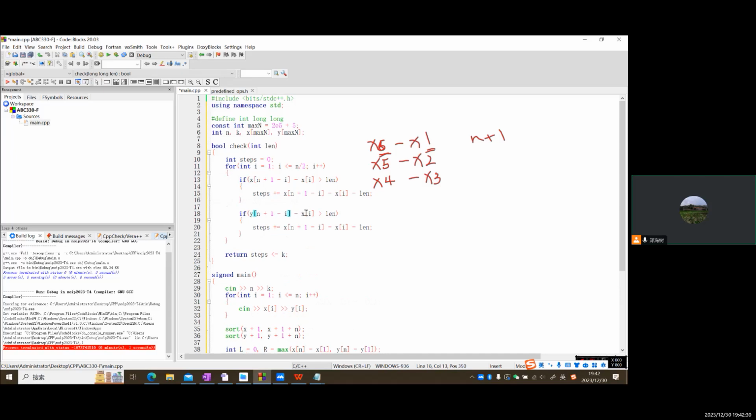Here is y, and here is y. This is the horizontal, and this is the vertical direction.